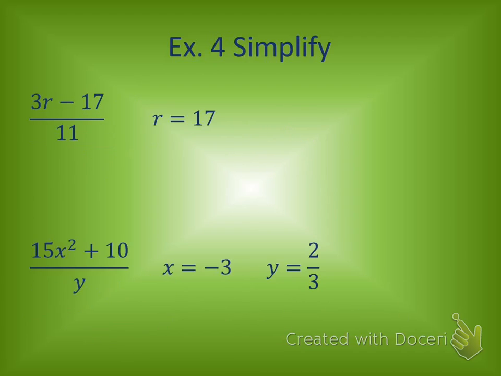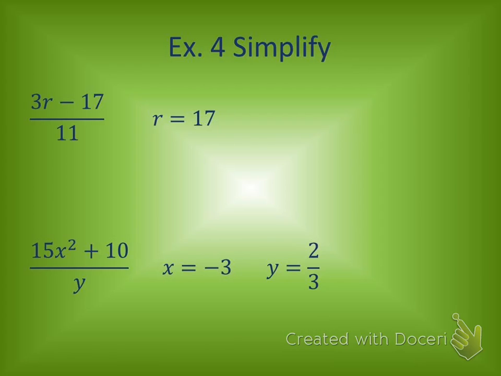Example 4. So what we're going to do now is they have told us exactly what each variable equals, and they just want me to solve the problem. So I know that r is equal to 17, so let's plug in 17 for r.